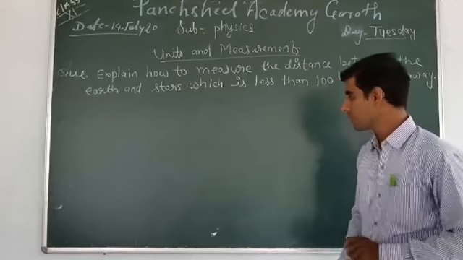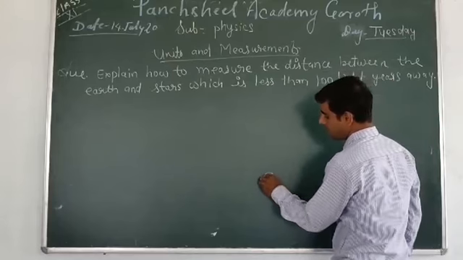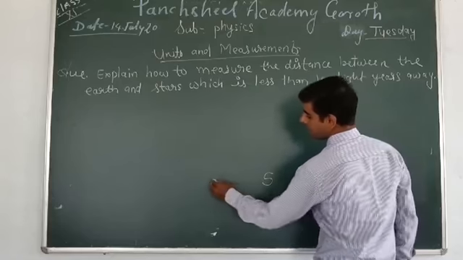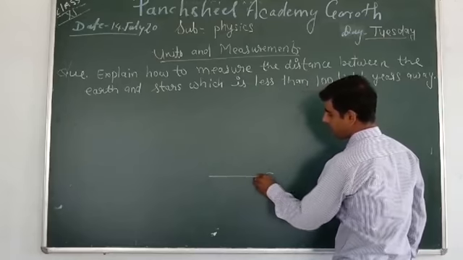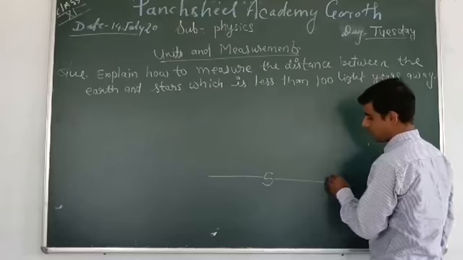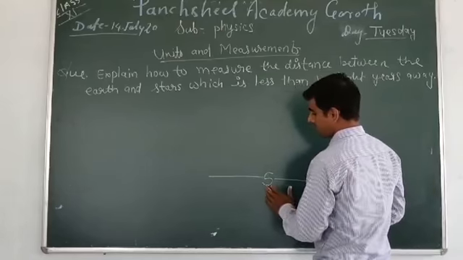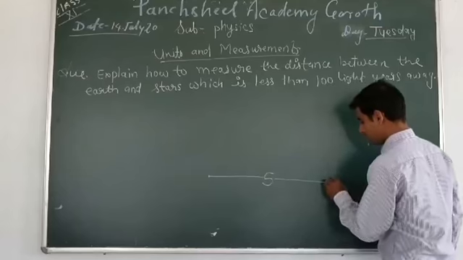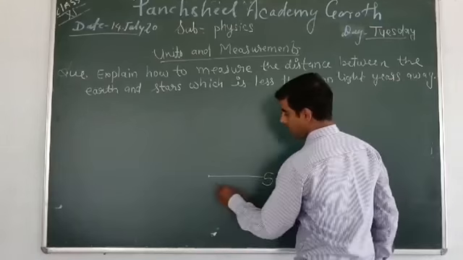Suppose this is the fixed location of the sun, and this is the baseline as a diameter.